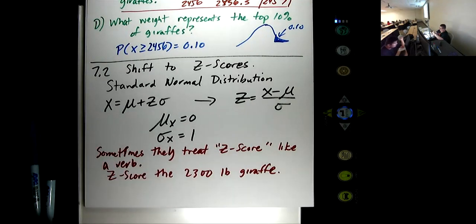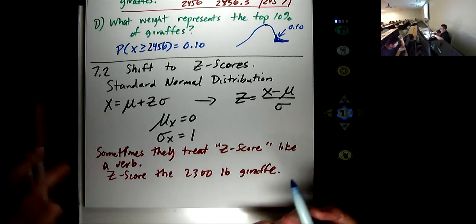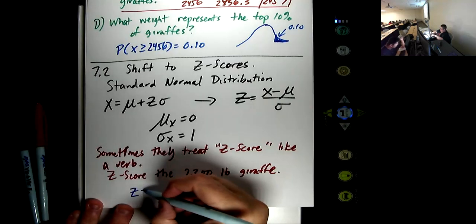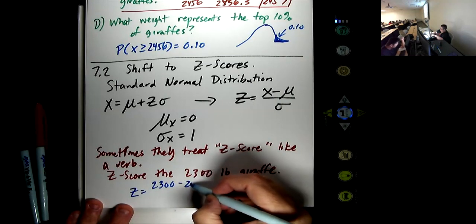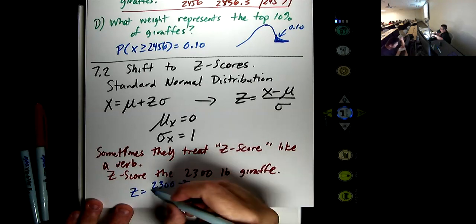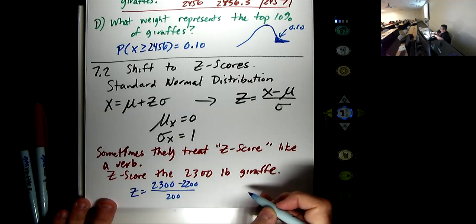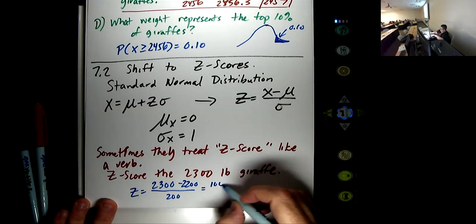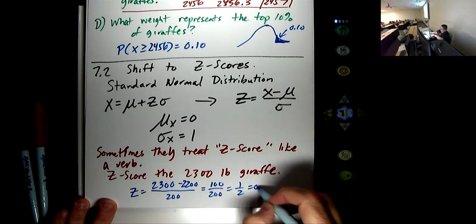So z equals x minus mu over sigma. X was the actual weight of the giraffe. The mean was 2,200. And the standard deviation was 200. This gets us down to 100 over 200, which is 1/2 or 0.5.